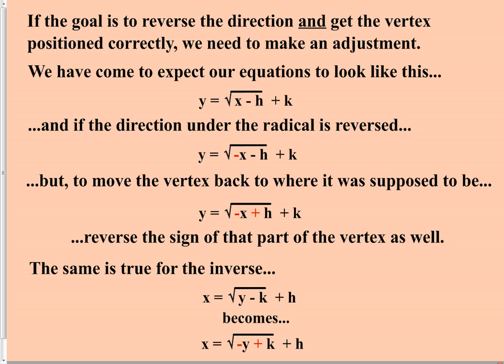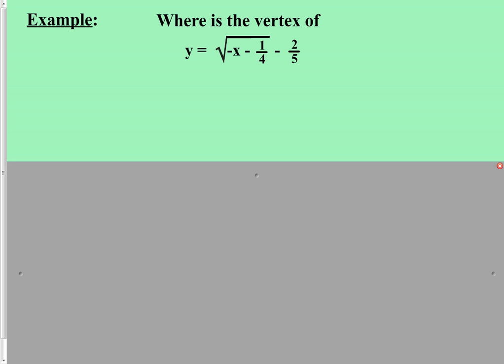All right, so let's look at some examples, to make sure we have a grasp on this. Here is an equation of a square root function, obviously, and let's see if we can figure out what's going on. Where is the vertex of y equals the square root of negative x minus 1/4, minus 2/5?